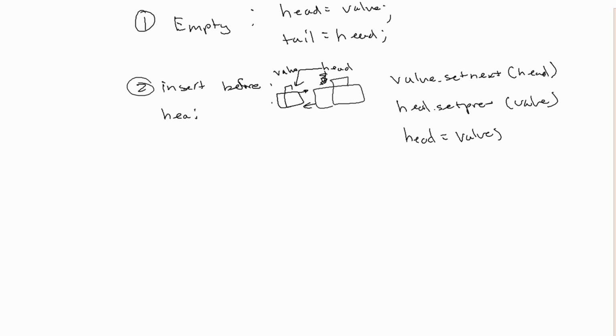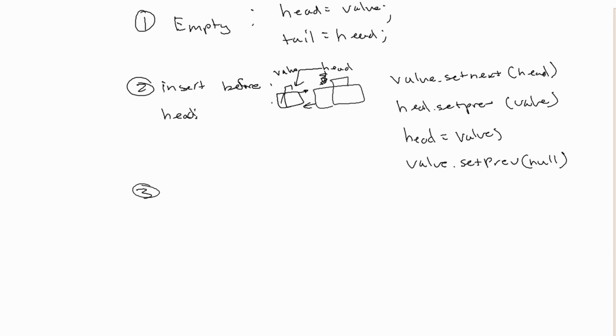And then after this, we are going to want to make this null, because this is not pointing to anything this way. So to do that, we're going to do value dot set prev, because it's the previous pointer, to null. And that is how we would do that if we were inserting before our head value.